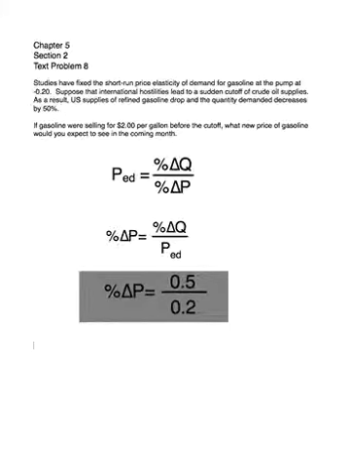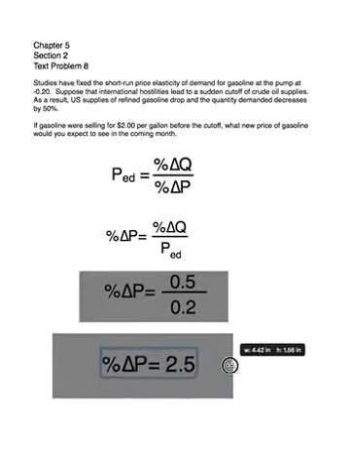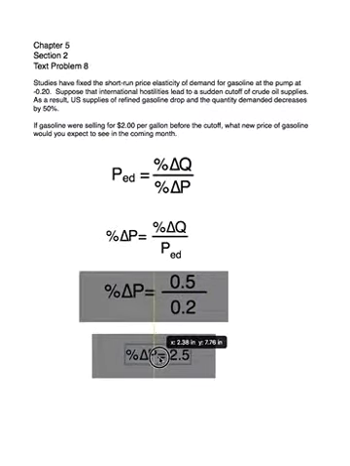So if we multiply that through, we end up with the percent change in the price equal to 2.5. Again, let me take a quick screen capture and put that in there, and shrink that down.